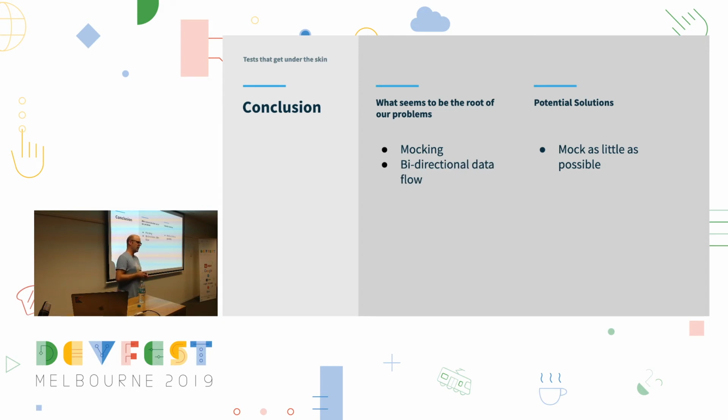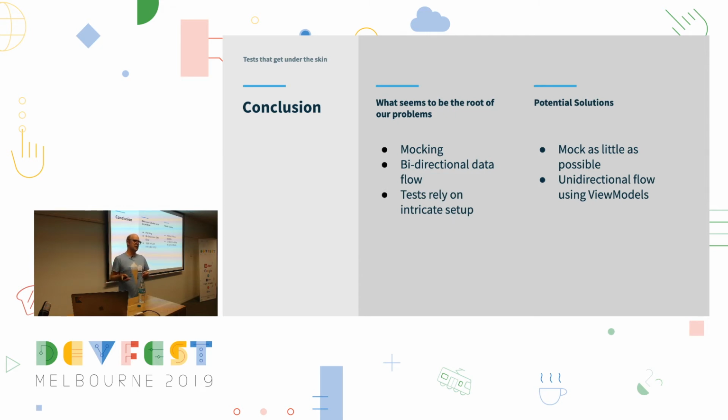Then the bidirectional data flow makes it really hard to have a system that is not depending on time, the control flow is really weird. So maybe we can use a unidirectional flow using viewmodels or something else.